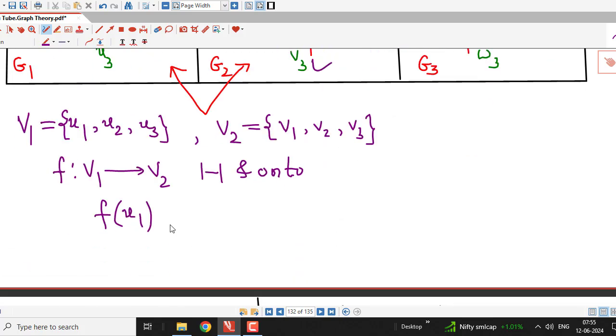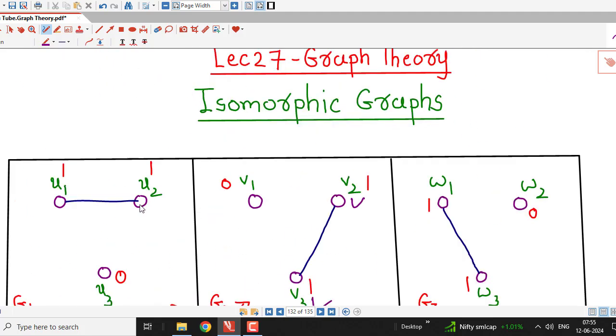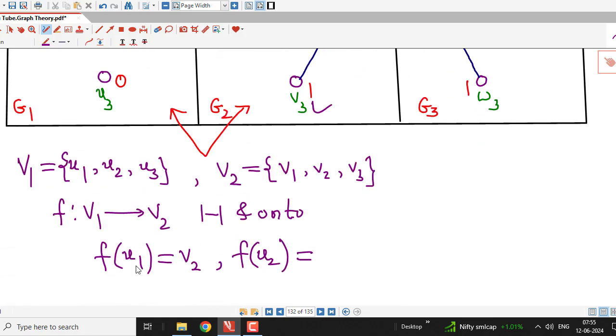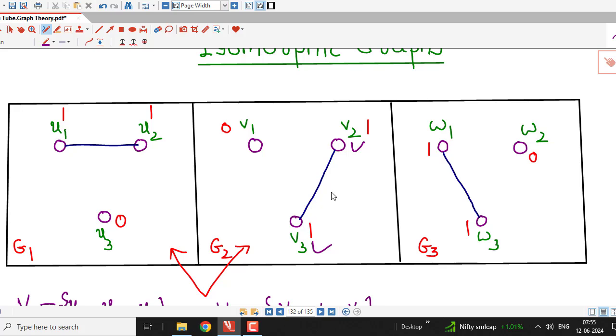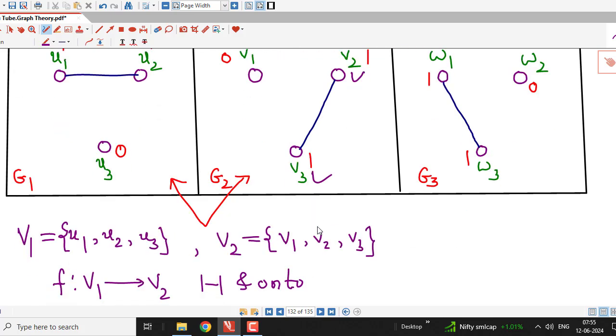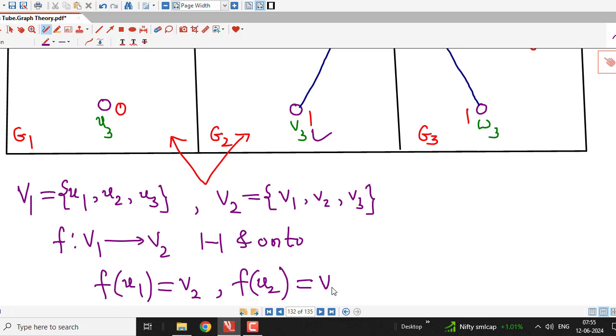Suppose I take the image of U1 equal to V2, say. Here U1 and U2 are adjacent, and I have taken the image of U1 equal to V2, and here V2 and V3 are adjacent. So I take the image of U2 equal to V3, and the remaining vertex is U3.